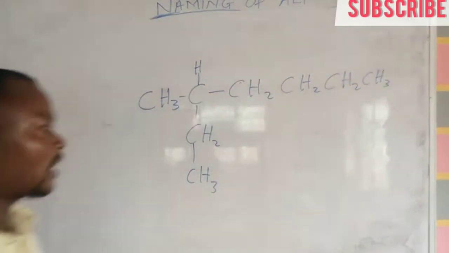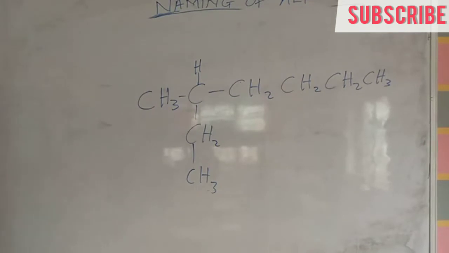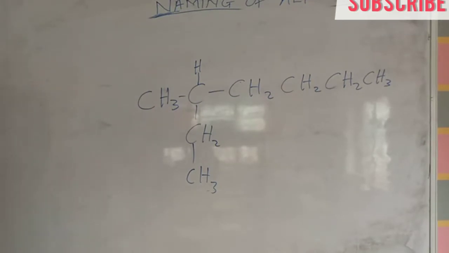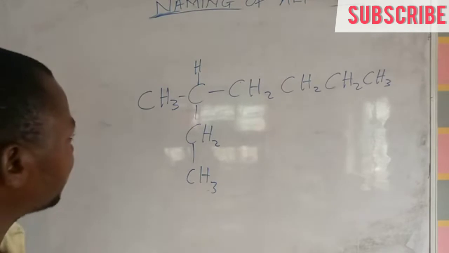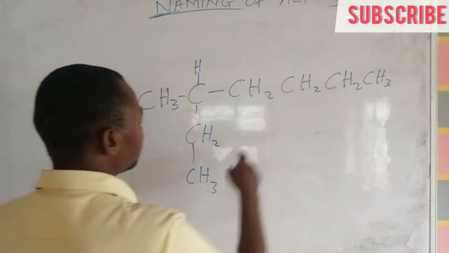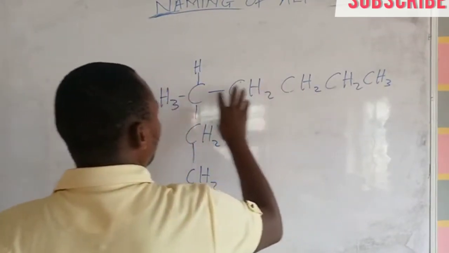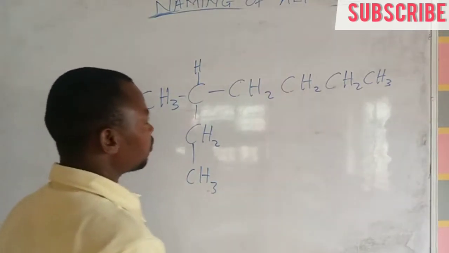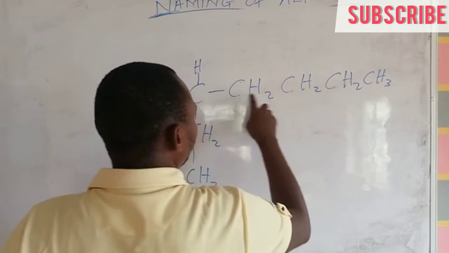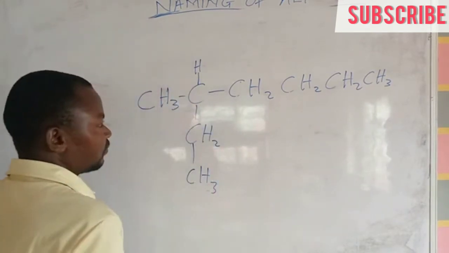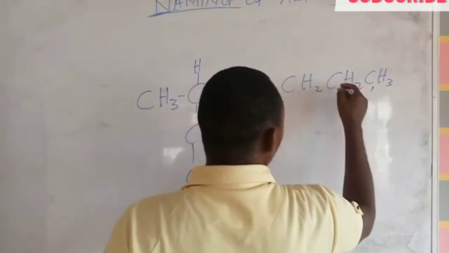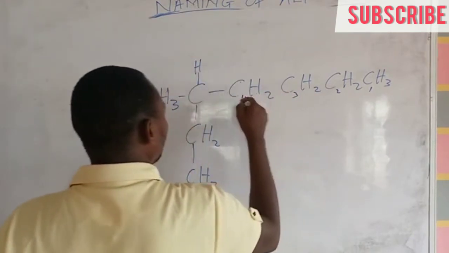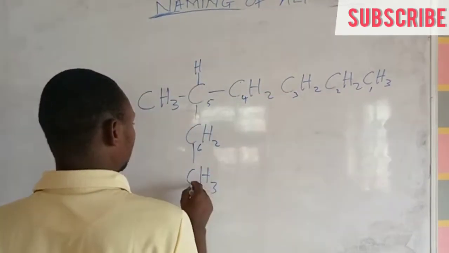Okay? Looking at this structure, we are going to check and count. So we can count straight. We have 1, 2, 3, 4, 5, 6. Okay? It does not end there. We also count 1, 2, 3, 4, 5, 6, 7. So let me just say I have 1, 2, 3, 4, 5, 6, 7.